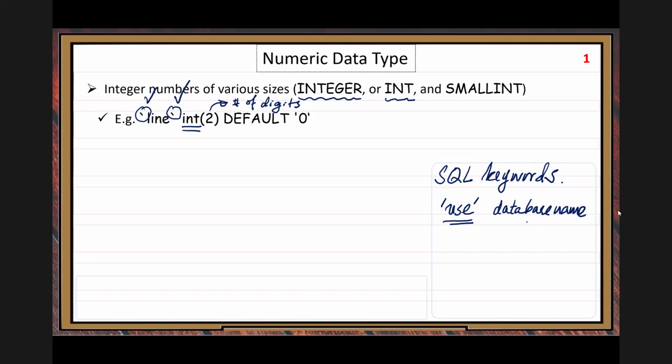Otherwise, there is another way people type commands. If you do not specify the current database, when you need to refer to a table, you need to type your database name dot table name.